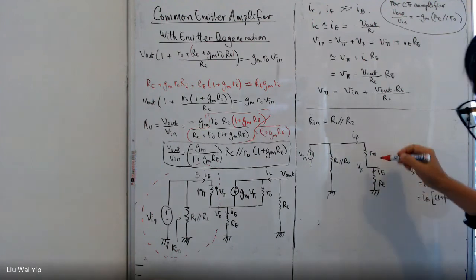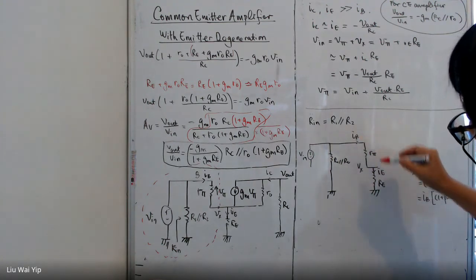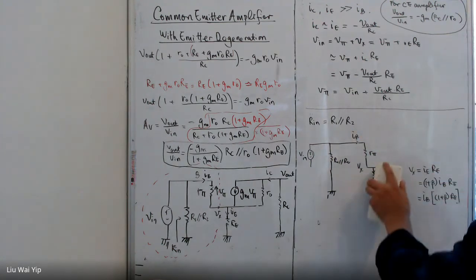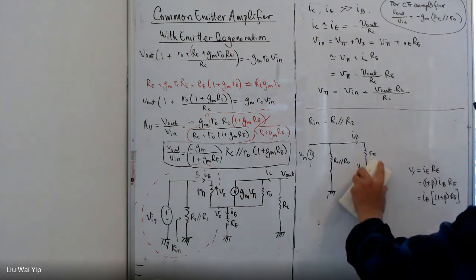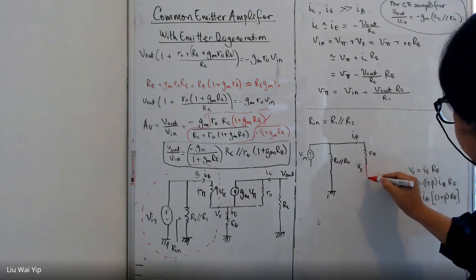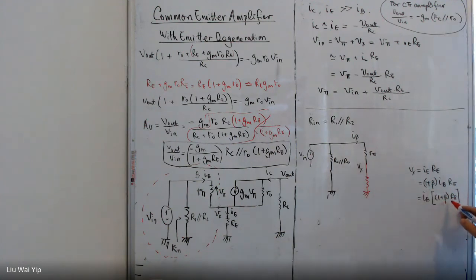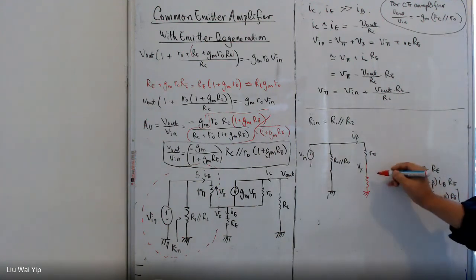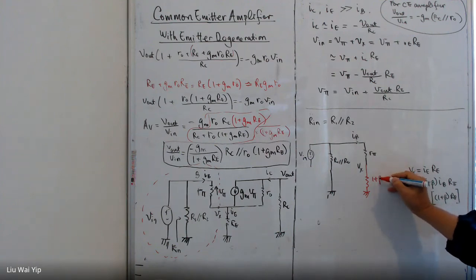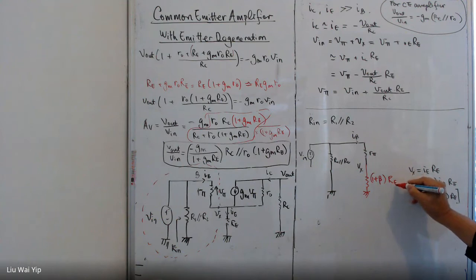This one is difficult to handle because you have IB here and the current here is different. What we can do is convert it, and the resistance is 1 plus beta times RE.